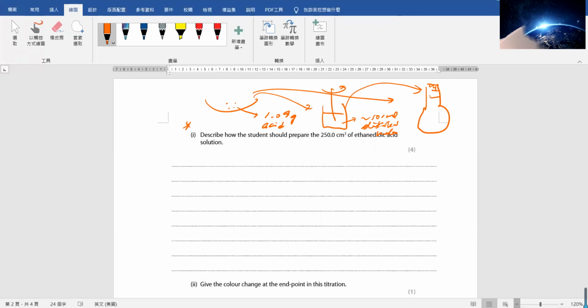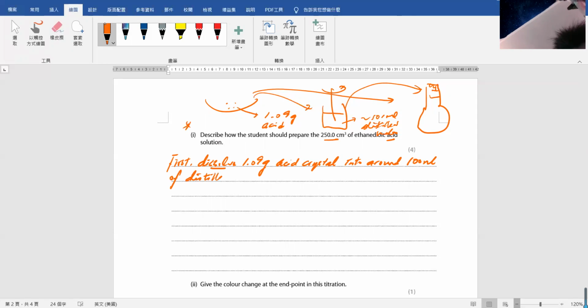So you can say first, dissolve the acid crystal into around 100 ml of distilled water in a beaker. Then with stirring, very important.